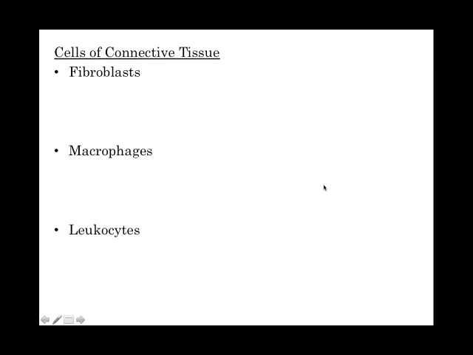Now, when we talk about the different cells that are part of connective tissue, there's a variety of different cells, each with a variety of different functions. It just depends on, again, the type of tissue that these cells are found in.